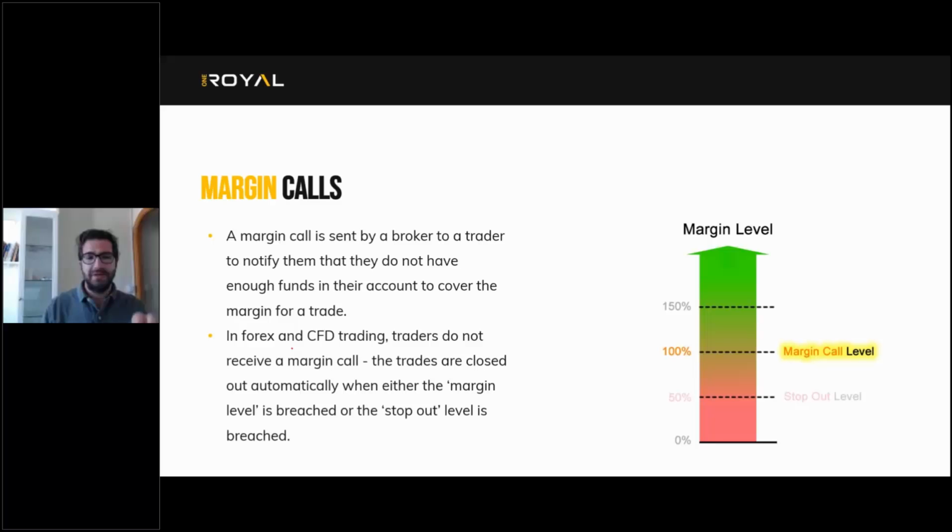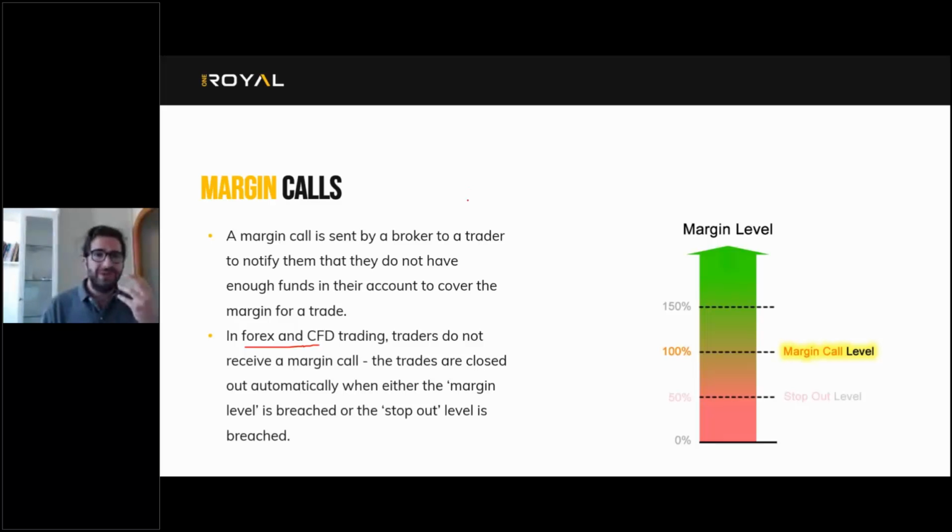But these days, in CFDs and Forex, what they do is automatically close or liquidate your positions once you don't have enough funds to cover the margin. So we said the margin is like a deposit, the deposit to be able to trade big. However, if there is not enough equity in your account to cover this margin, let's say your trade went against you, then you will start to lose money.